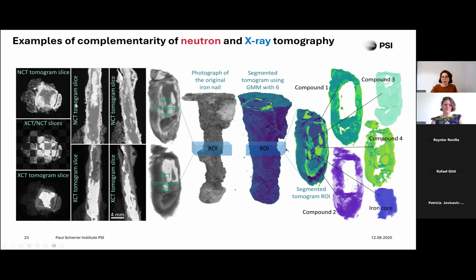For example, in this case, you can see the X-ray cross-sections and the neutron tomogram slices. With X-ray, we can clearly identify the remaining iron core, whereas with neutron imaging, the iron is not clearly visible. It's more or less in the same range as other materials, like soil.